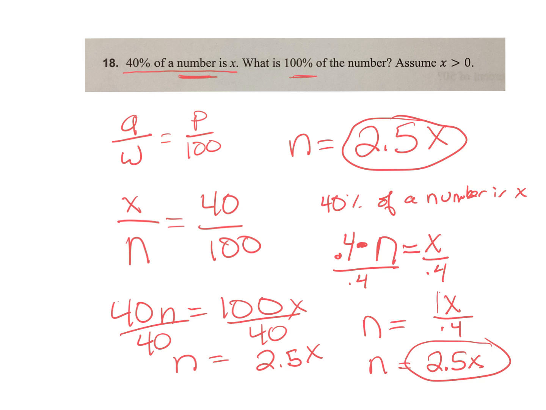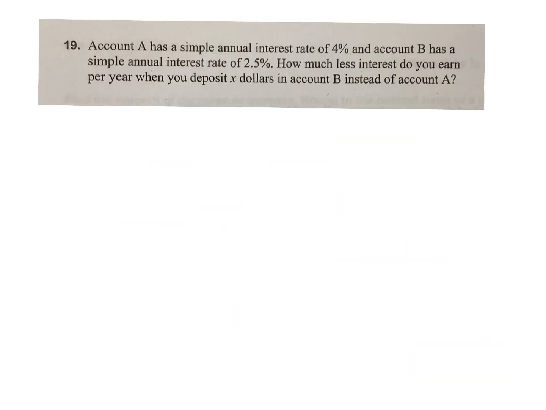But the answer is 2.5x. So 40% of some number is x. So whatever x is, you times it by 2.5, and you'll get 100% of the number. Hopefully that makes a little bit of sense, and we can talk more about it in class.